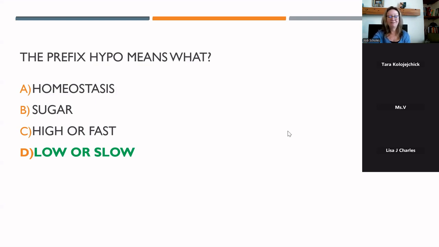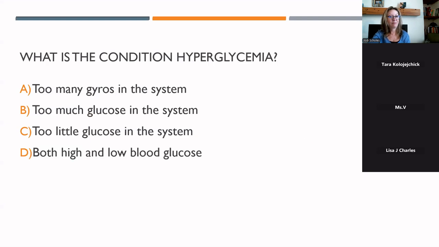Next question. What is the condition hyperglycemia? A, too many gyros in the system. B, too much glucose in the system.